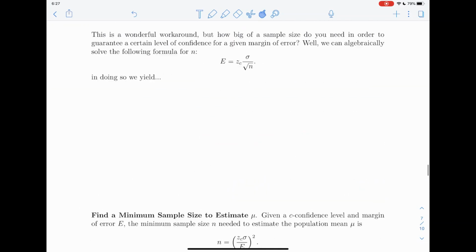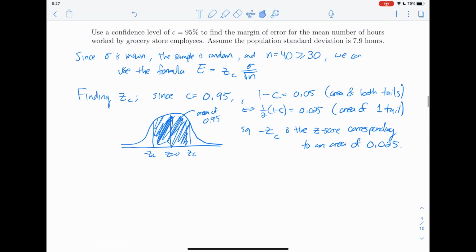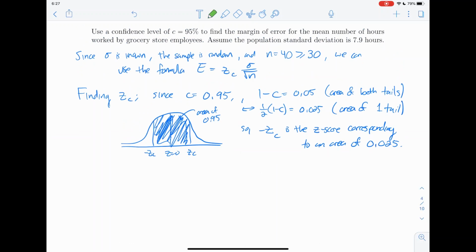We'll import that result into the work above, and we'll end up with the fact that negative z sub c is apparently equal to negative 1.96, which tells us that if we divide by or multiply by negative 1, that positive z sub c is 1.96.